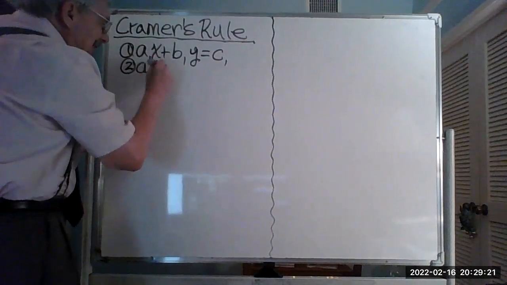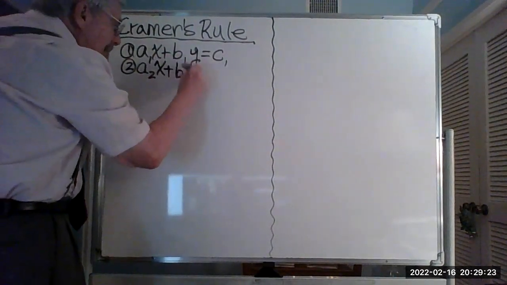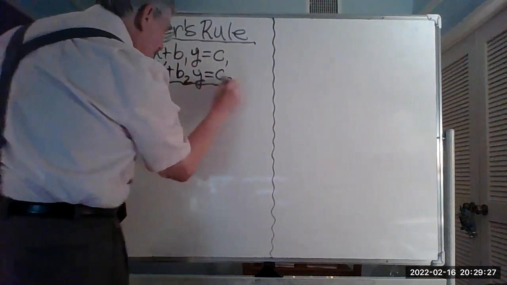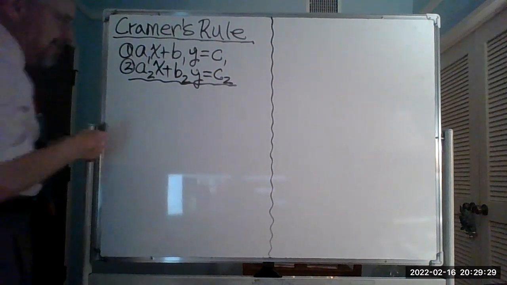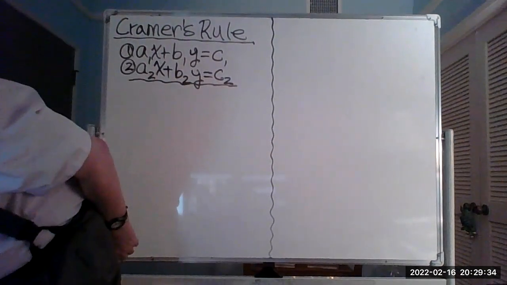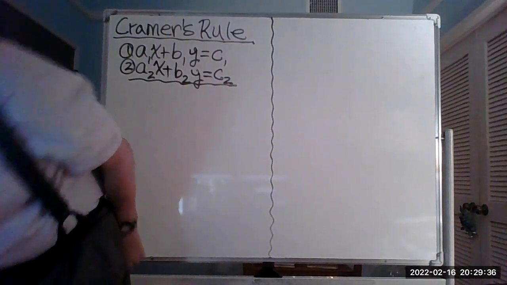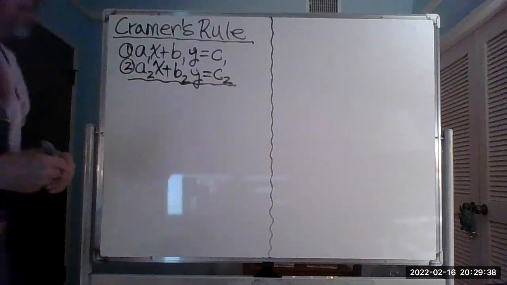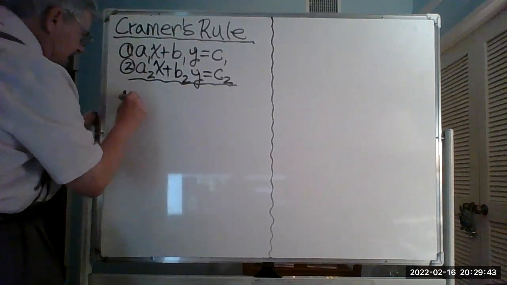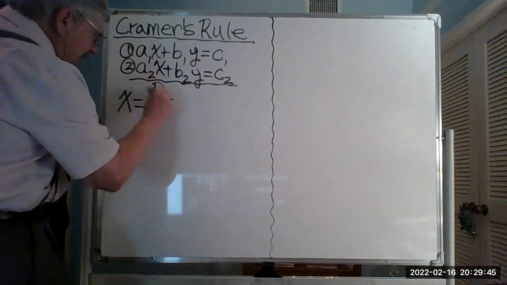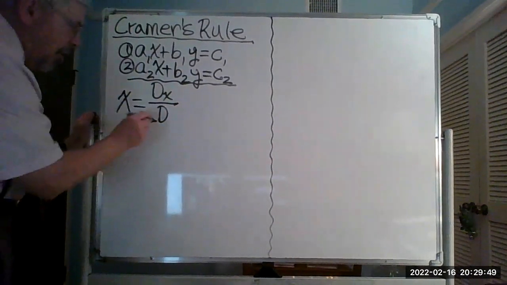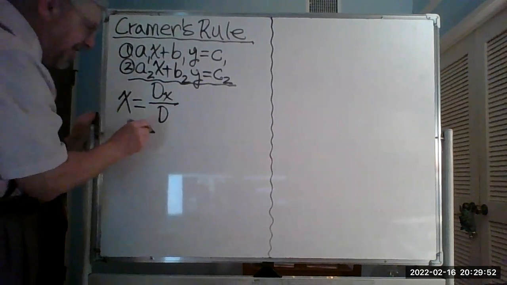A sub 2 x plus b sub 2 y equals c sub 2. There's my system. Two equations and two variables. Okay, so we set it up with determinants. And in some books, you might see this. x is equal to D sub x over D, which is the x determinant over the coefficient determinant.